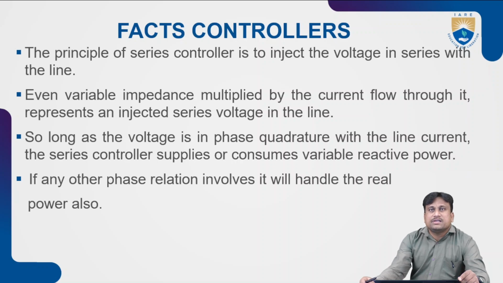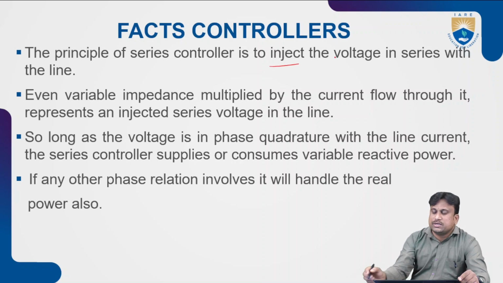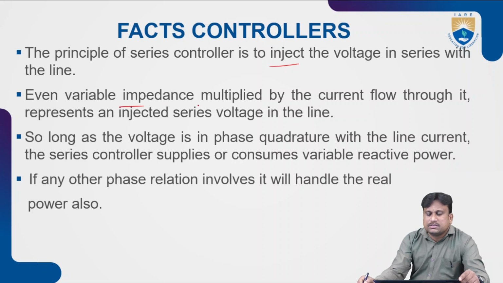The principle of the series controller is to inject a voltage in series with the line. The main purpose served by the series controller is to compensate for the voltages. Even a variable impedance is treated as a multiplication coefficient for the current flowing through it, but it represents an injected series voltage into the line.